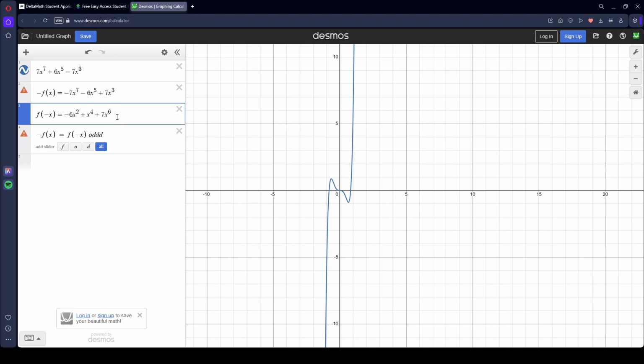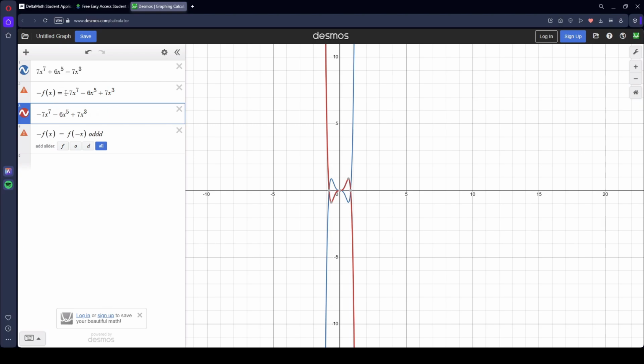No, negative x is f of negative x. Right, these equal the same thing.